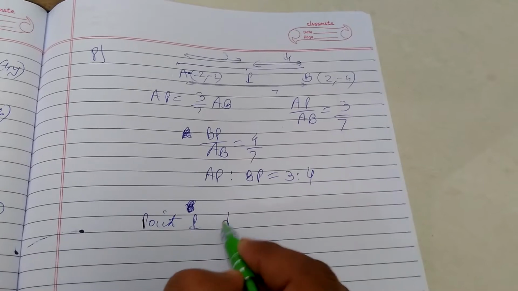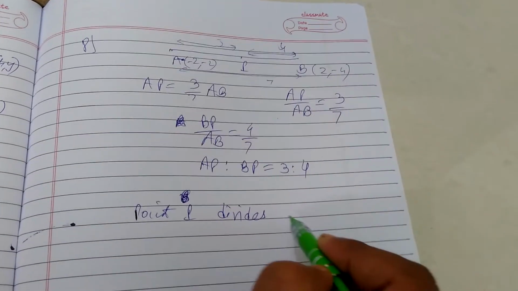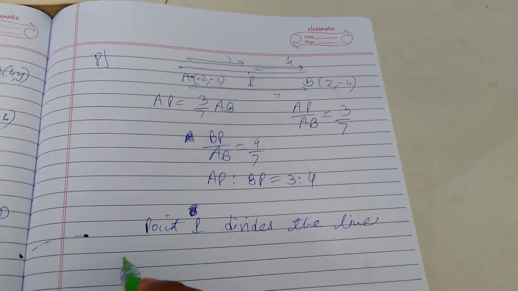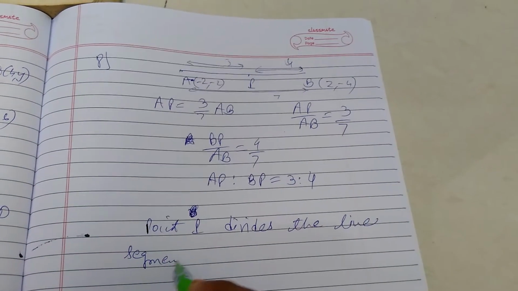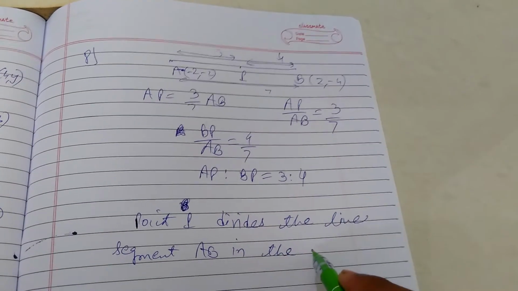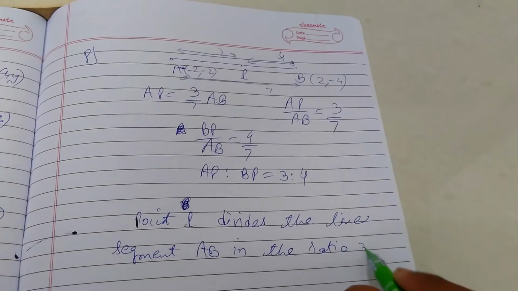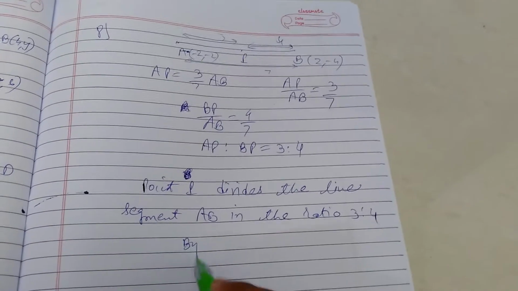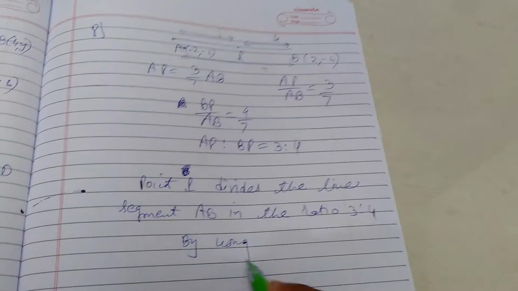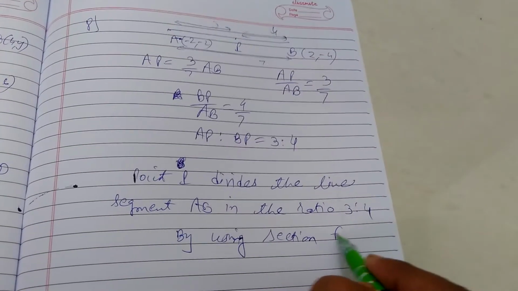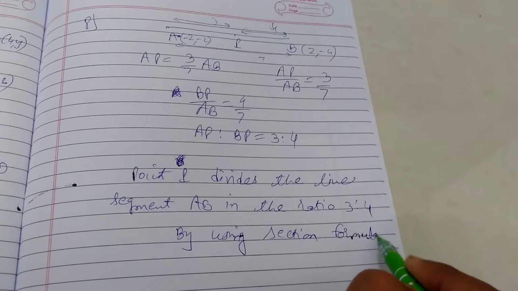First of all, we write that point P divides the line segment AB in the ratio 3:4, so we use the section formula.